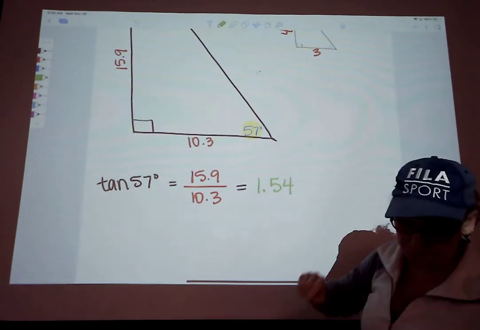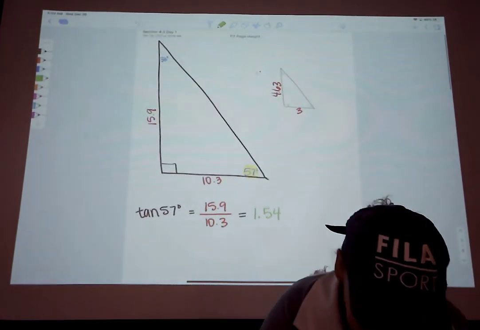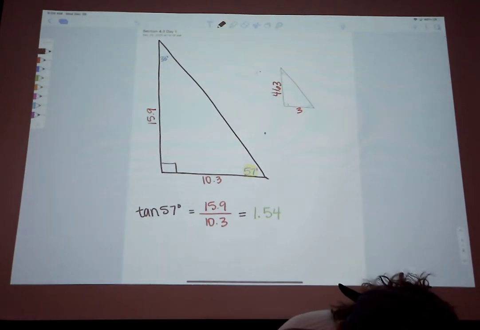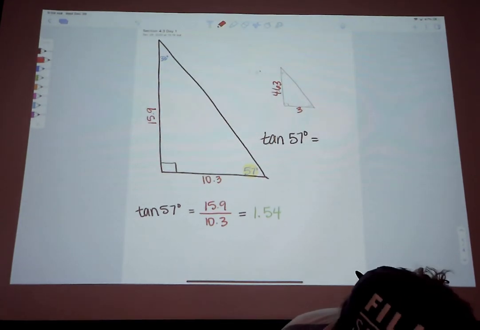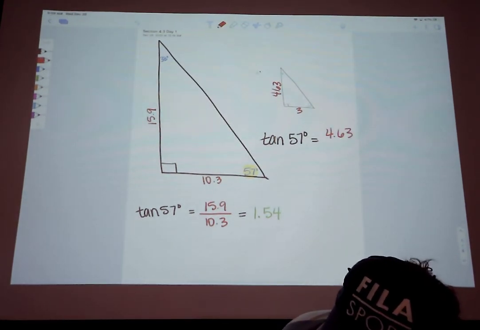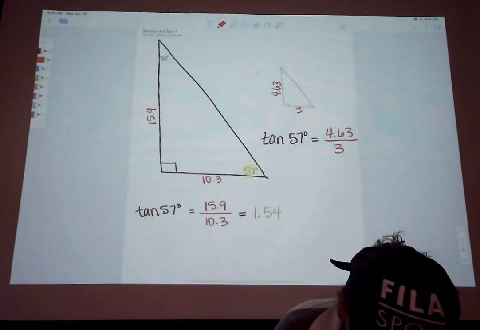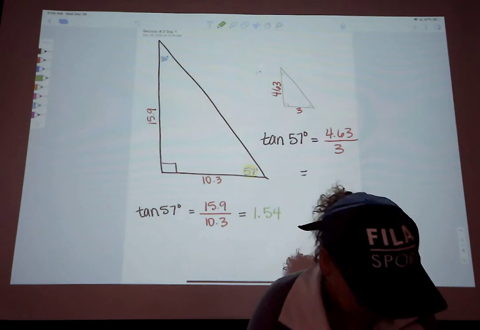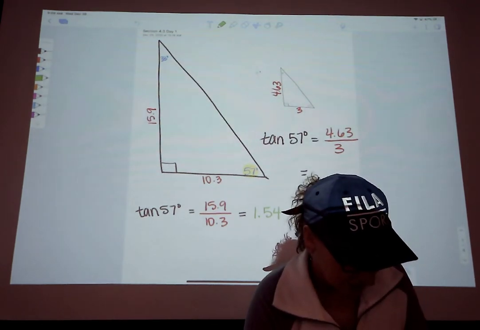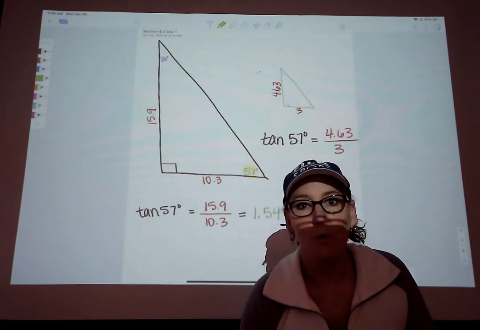How about over here? This time my opposite is 4.63. My adjacent is 3. I wonder what that equals. 4.63 divided by 3. 1.54.